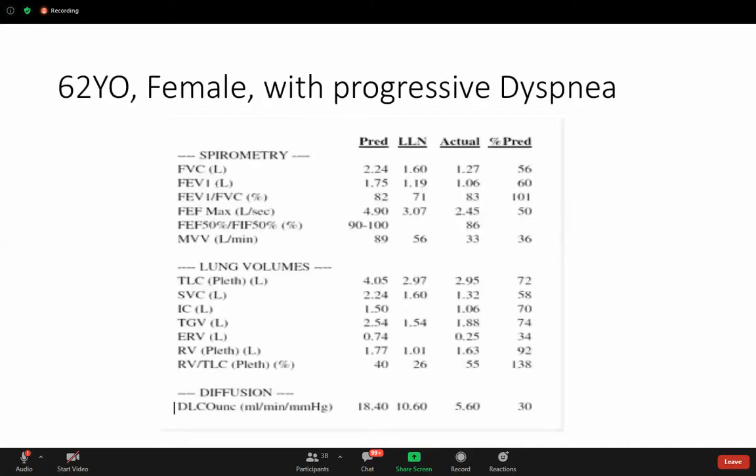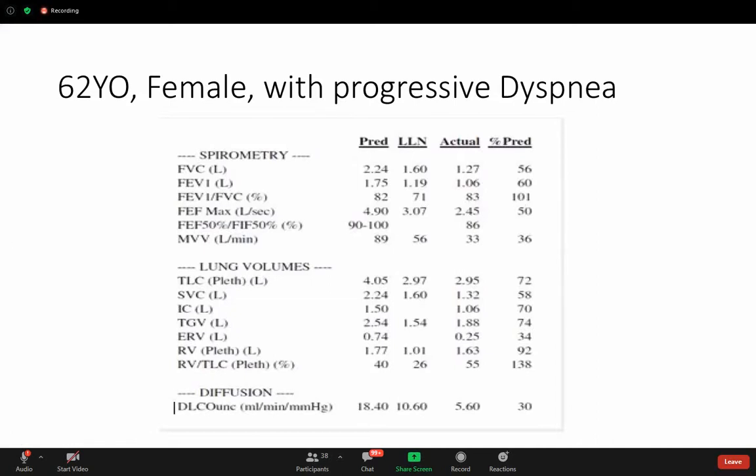Okay. Second question, guys. I need more participation in this. 62-year-old female with progressive dyspnea. First things we see... Ratio. So what's the ratio here? We see FEV1 over FVC. A ratio is 101.